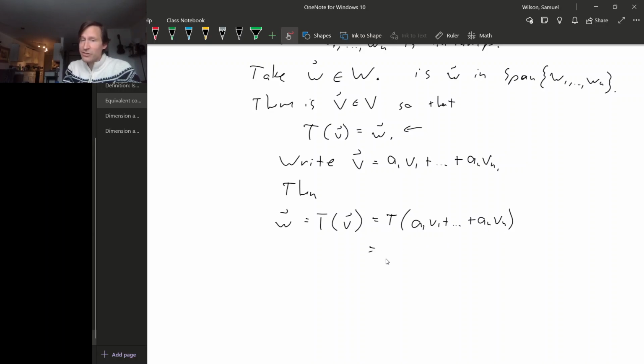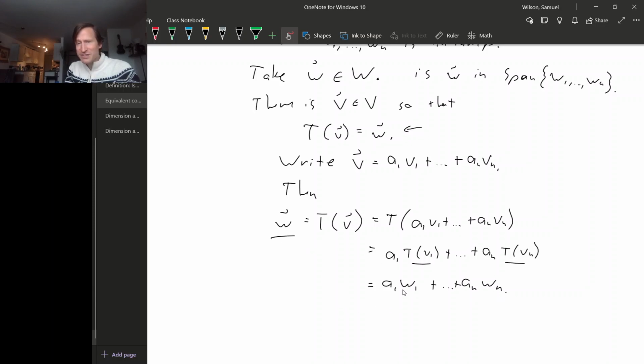But T is linear, so we can use the linear transformation property. This is a1 T of V1 plus dot dot dot down to an T of Vn. But those are the W's. So this is a1 W1 plus dot dot dot down to an Wn.